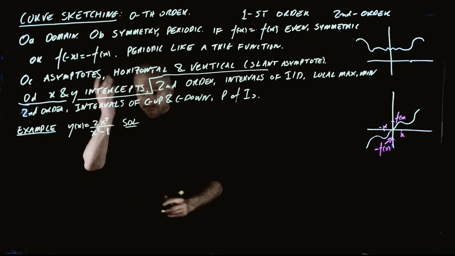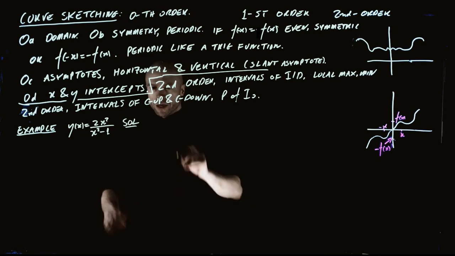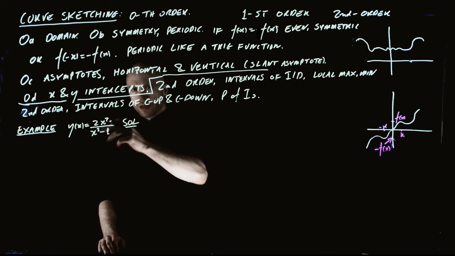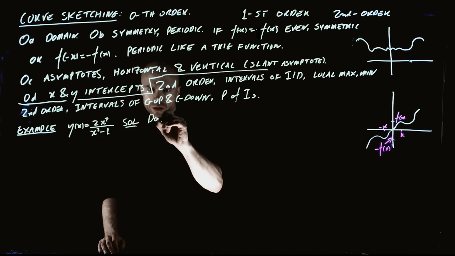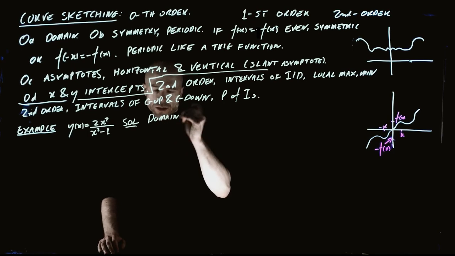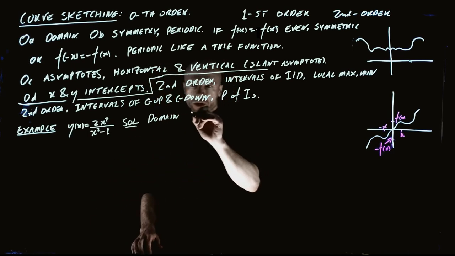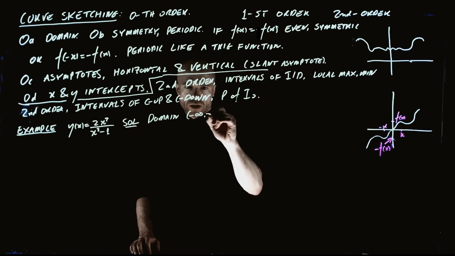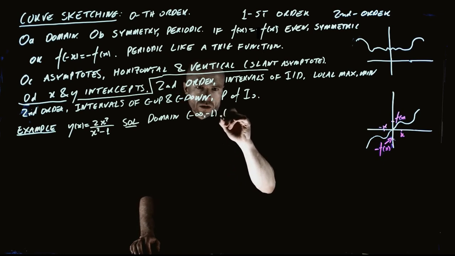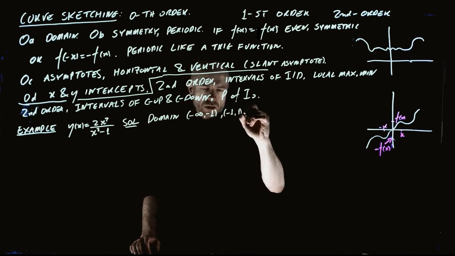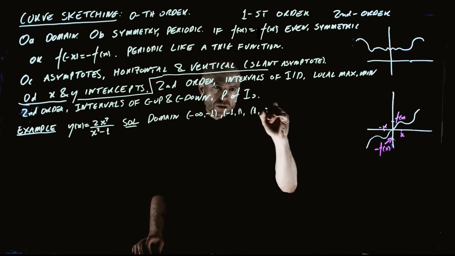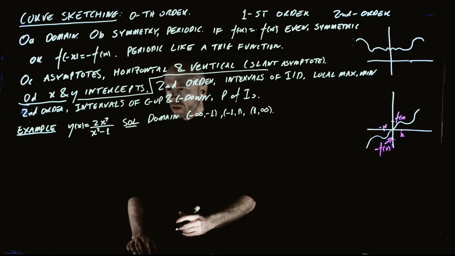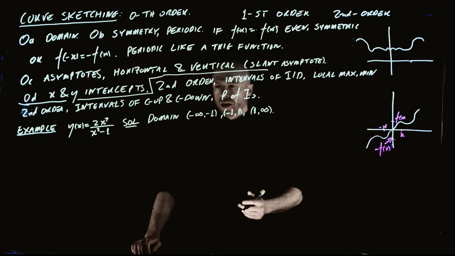So, 0th order first. What's the domain? So the domain is everything except where x squared equals 1. So the domain has 3 connected intervals. We have minus infinity to minus 1, minus 1 to 1, and 1 to infinity. That's our domain. Okay, that's part A.